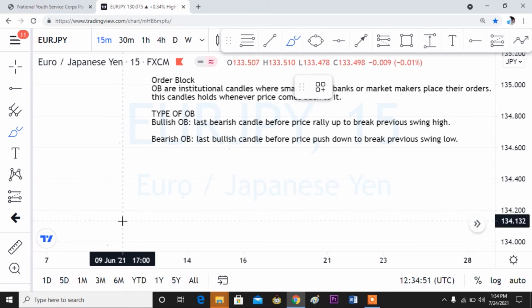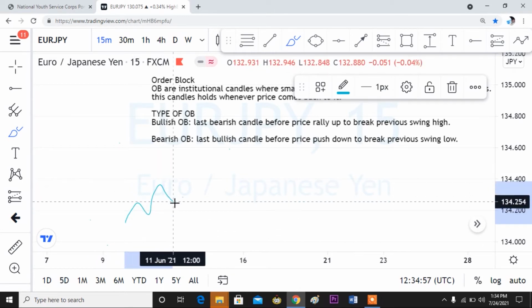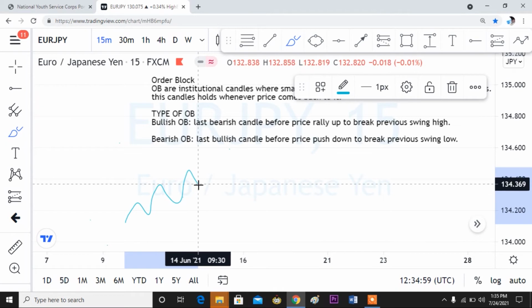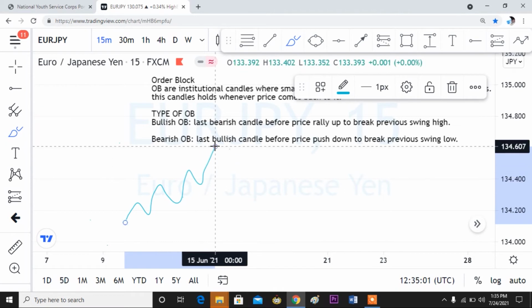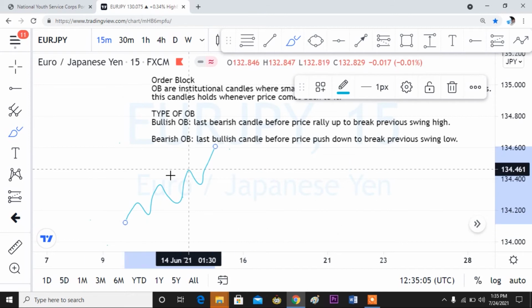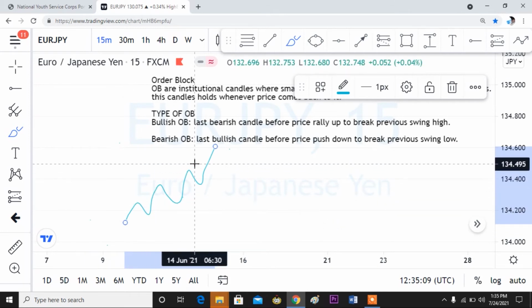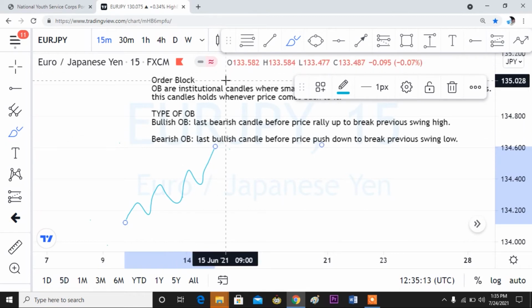So suppose the market is moving up. Suppose we have a price move of this nature. Suppose the price is moving in an uptrend, creating what we know as higher high, higher low, higher high, higher low. Then we have to identify our swing high and swing low.